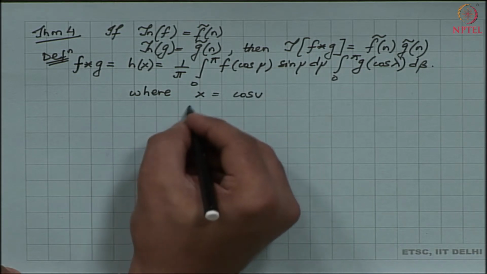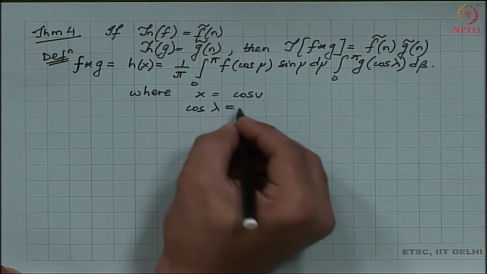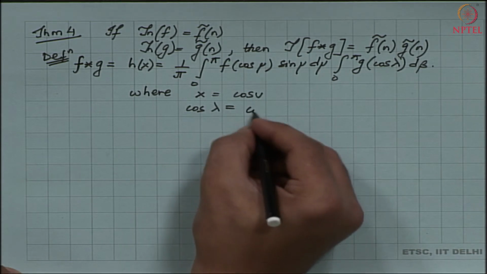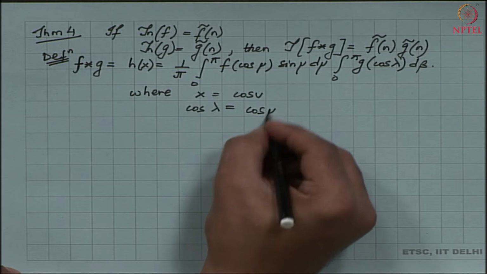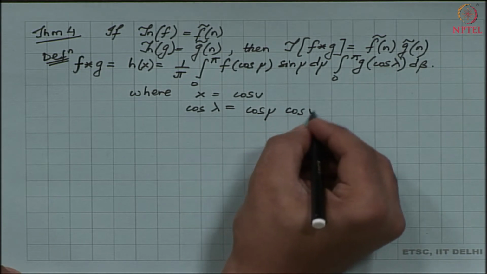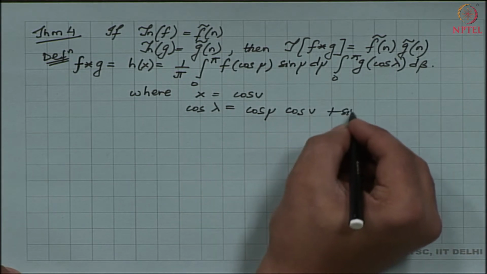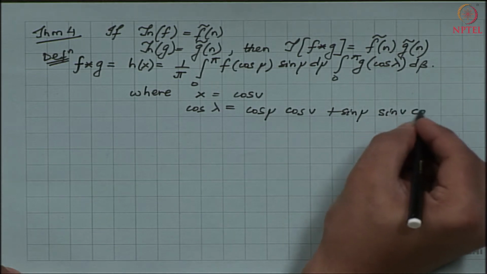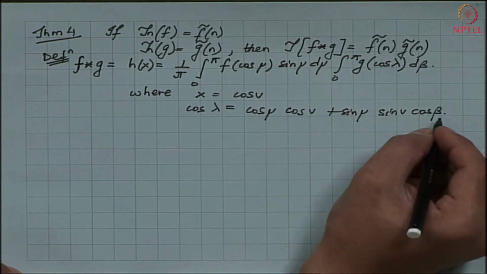These are how I relate my variables. My cos lambda is cos mu cos v plus sin mu sin v cos beta. Okay.